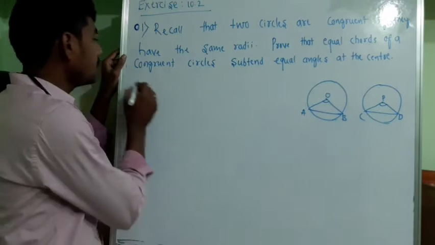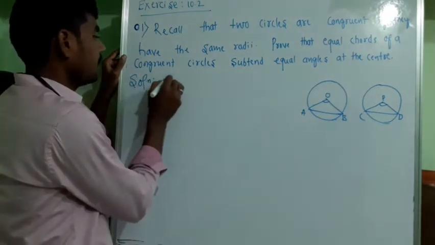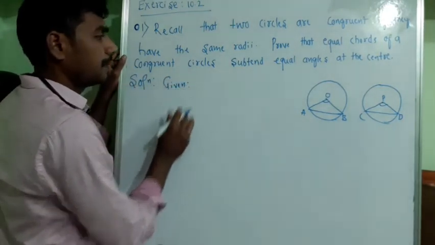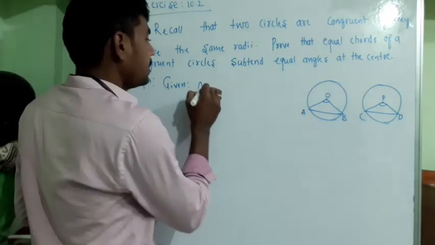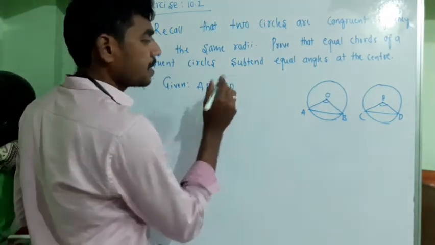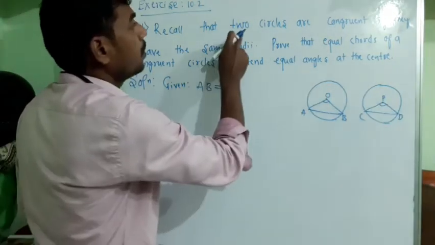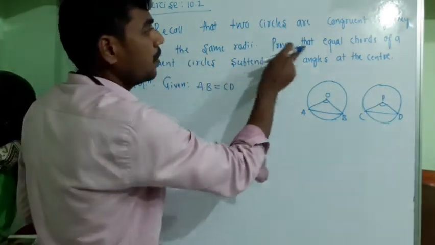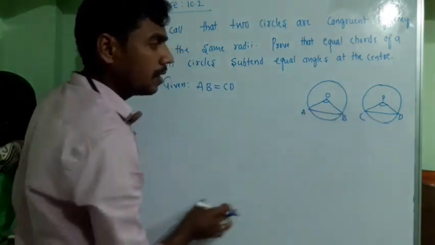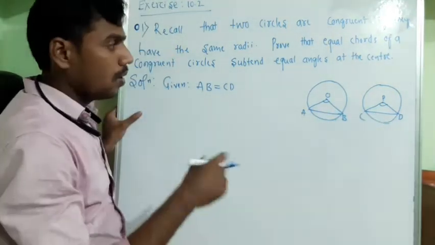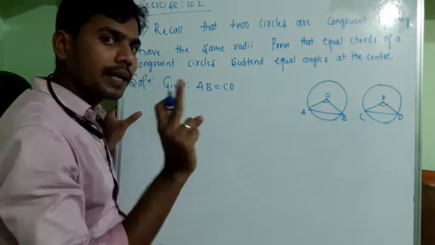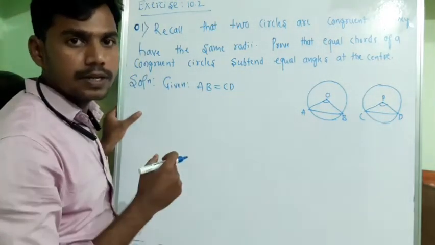So what is given to us? Solution. Given: AB is equal to CD. So the chords are equal. Though the circles may be different, their radii are the same because they are congruent circles.